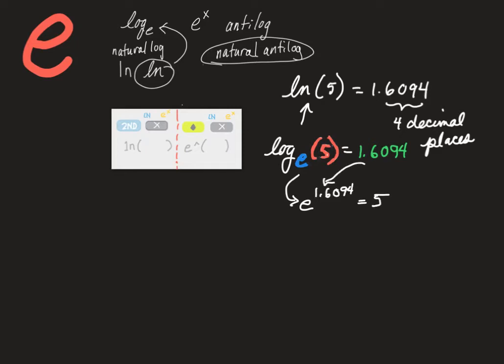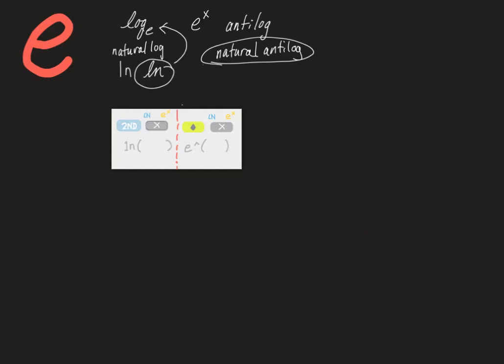Now just remember, we rounded here. Therefore, if you check this expression in your calculator, you'll actually come up with something like 4.99981, so almost 5. A little bit of rounding error there. So remember your calculator sequence.